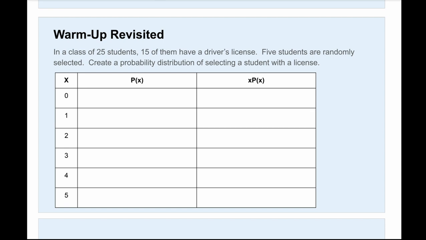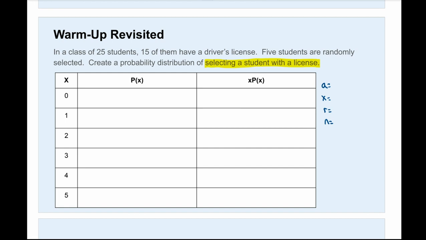So again, for our warm-up, we're looking for our A value, our X value, our R value, and our N value. Our A value is the number of total successful outcomes. So in this case, going back to the question, a success is selecting a student with a license.